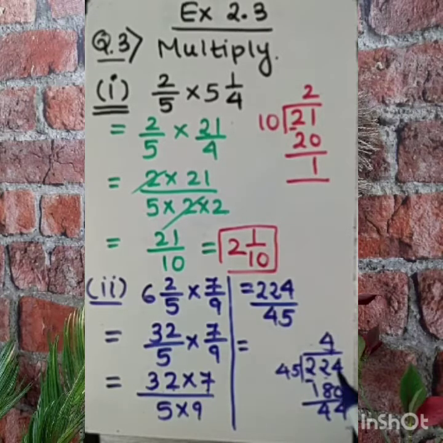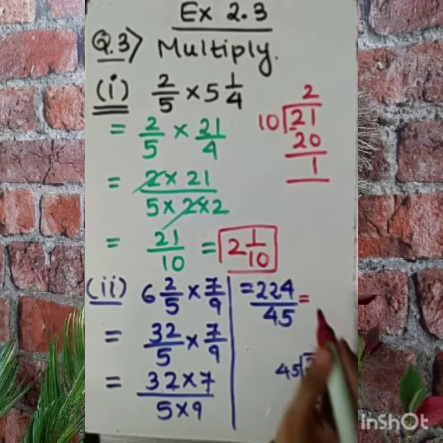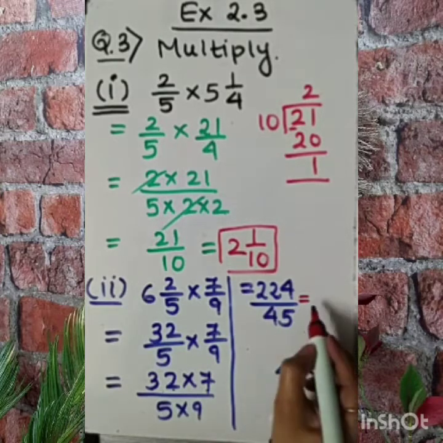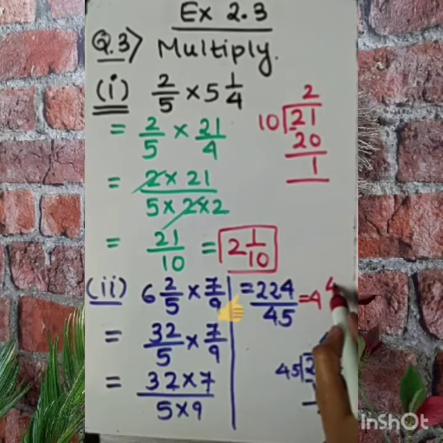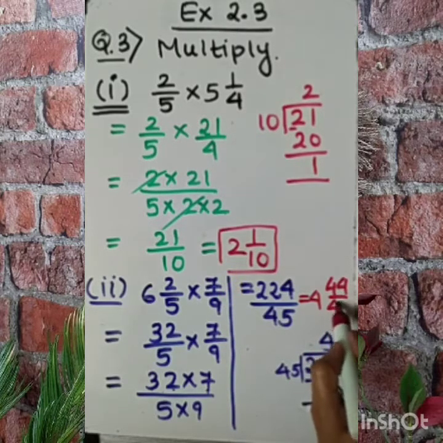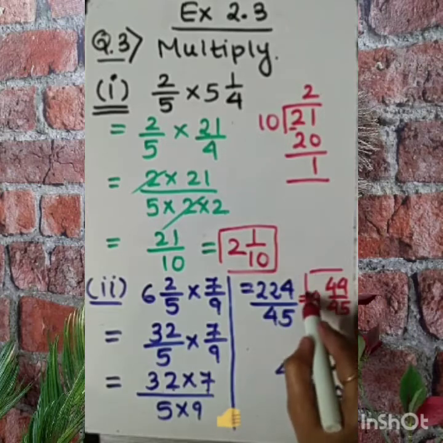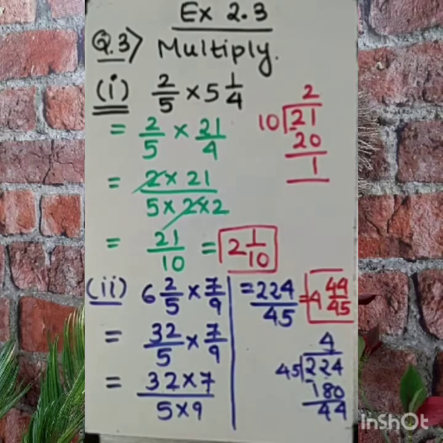So 44 by 45, this is the answer I am mentioning here. Just look at your screen: 4 integer 44 by 45. This is the answer. Okay, clear to you? Very easy and very simple to convert into a mixed fraction. Now we'll work out the next.